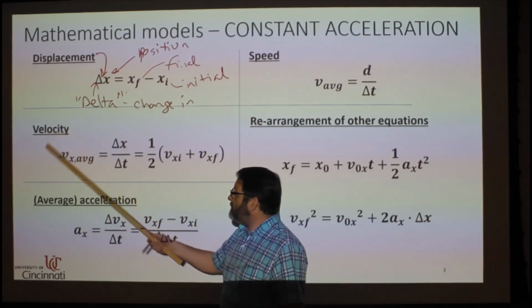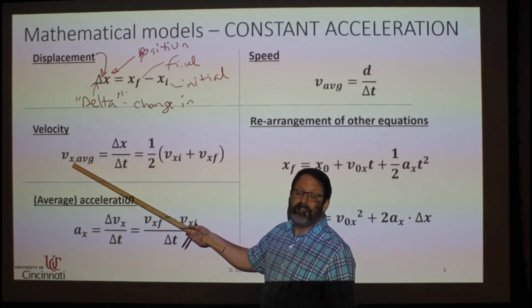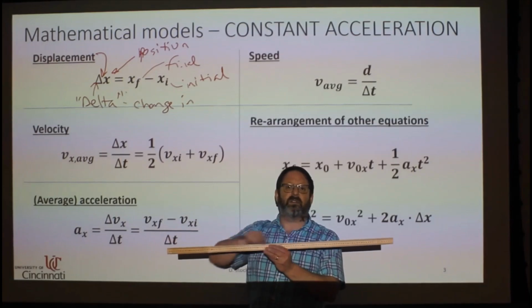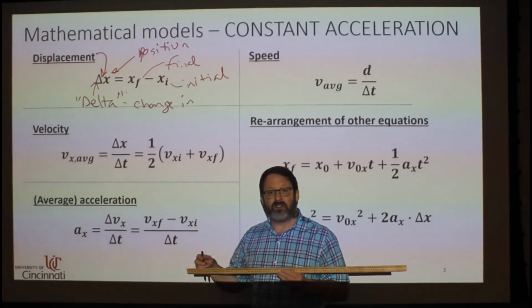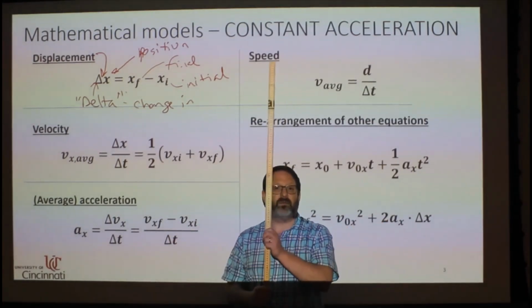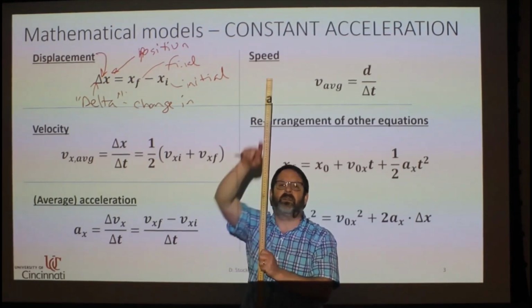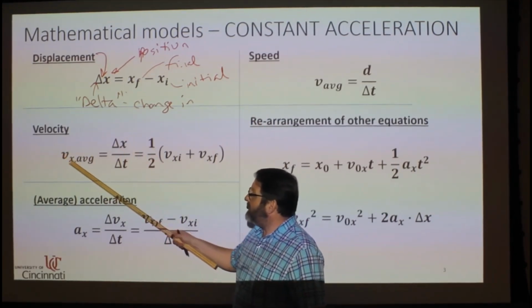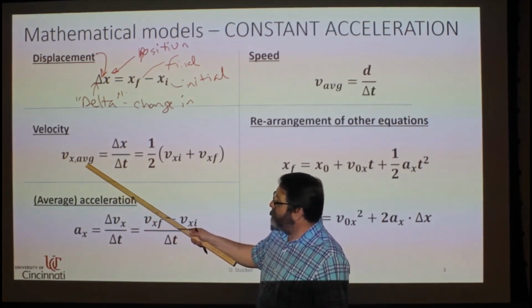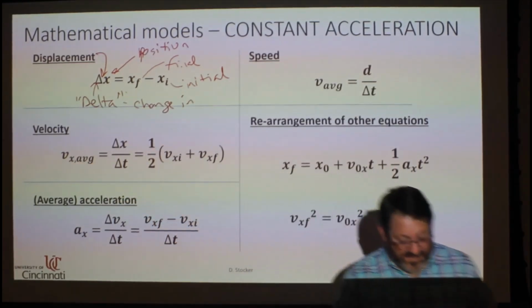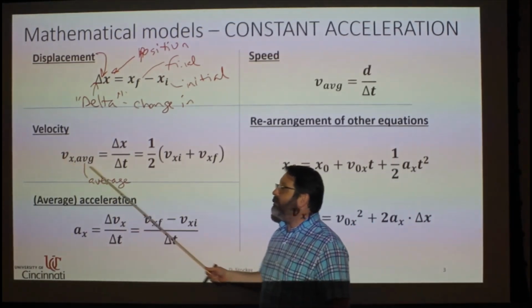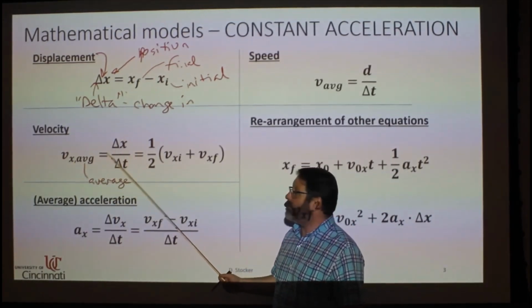Velocity. The x here means in the x direction. Normally, the x direction is going to be horizontal. While we're doing one-dimensional kinematics, sometimes we'll be looking at vertical, and we'll sometimes call that the y direction. So velocity in the x direction, avg. Avg means average, so this will give you the average velocity over some period of time.